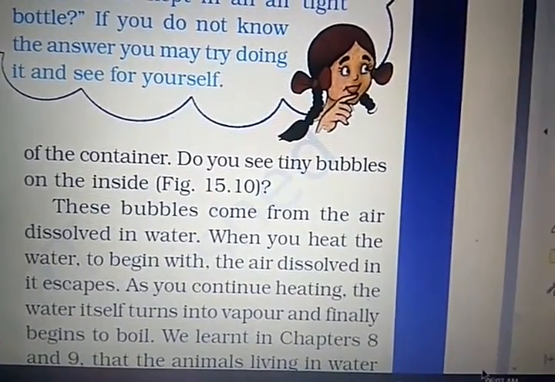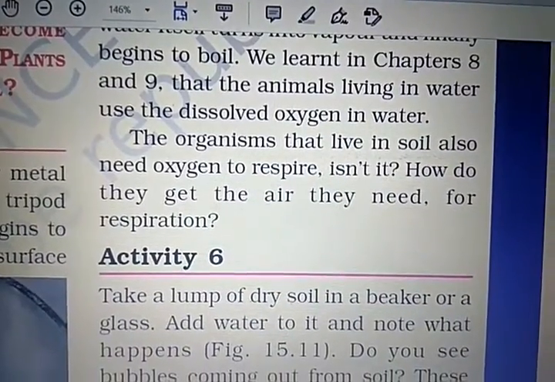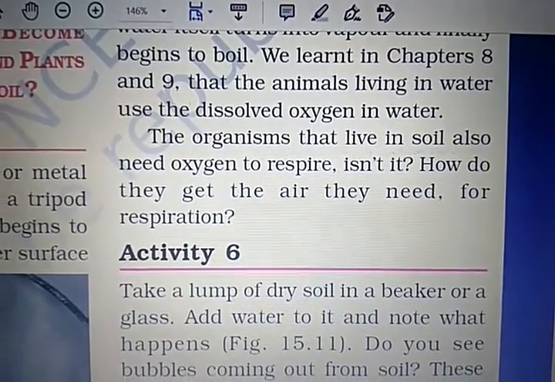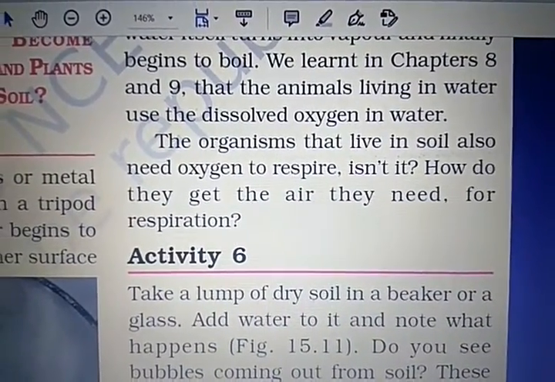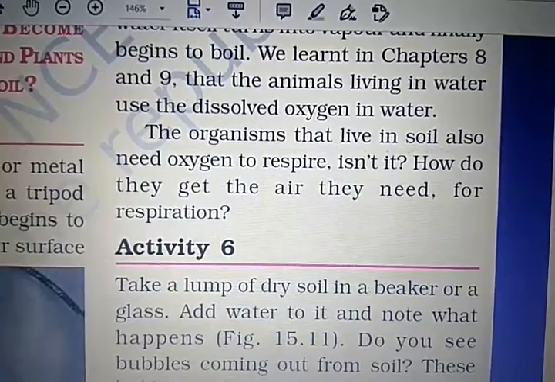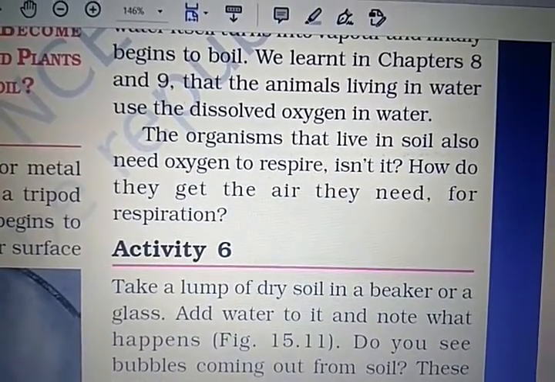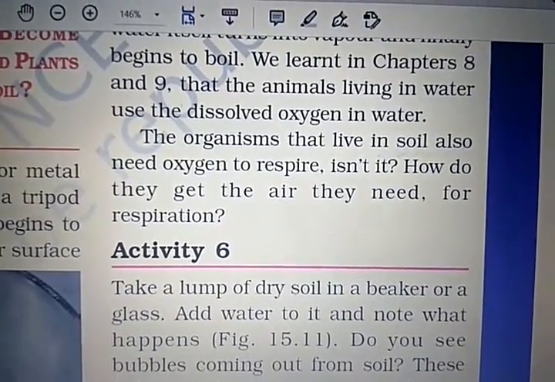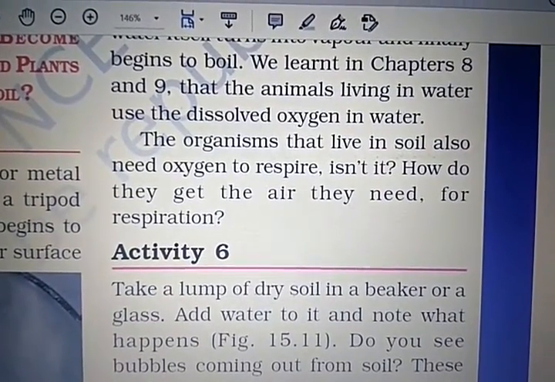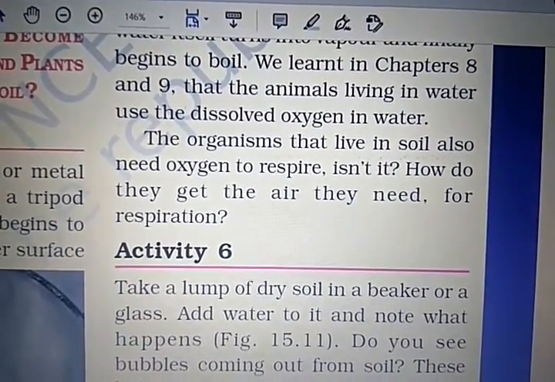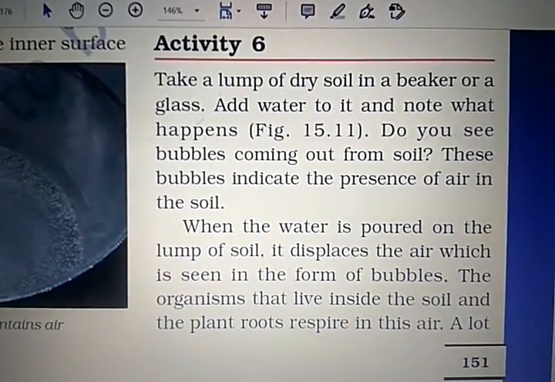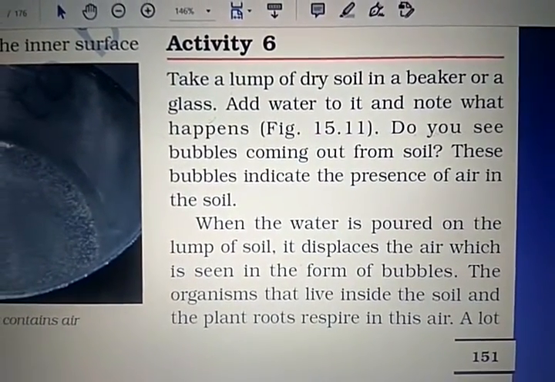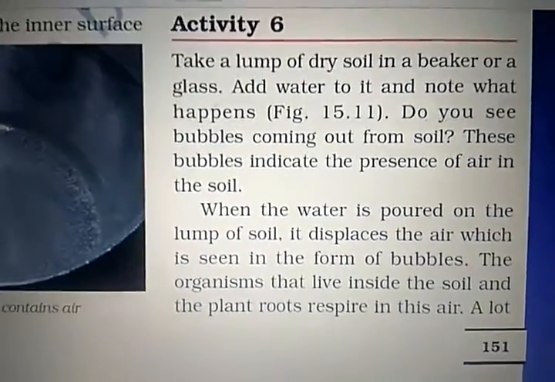We learned in chapters 8 and 9 that animals living in water use the dissolved oxygen in the water. The organisms that live in soil also need oxygen to respire, isn't it? How do they get the air they need for respiration? So through activity number 5 we can say that oxygen dissolves in water.